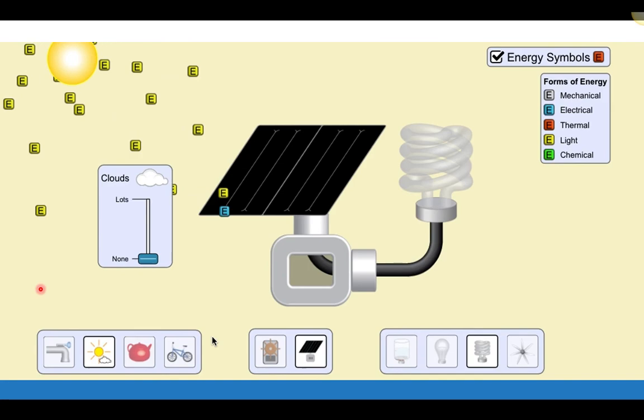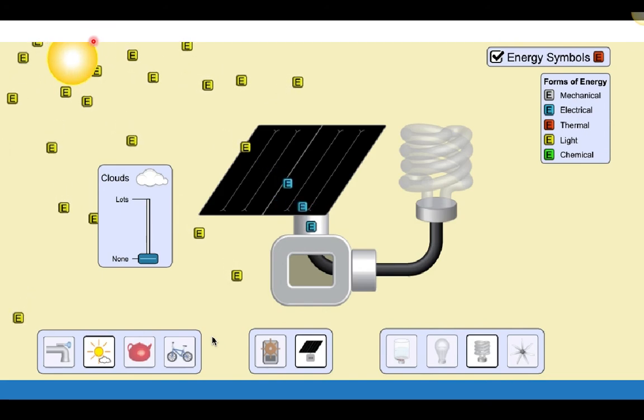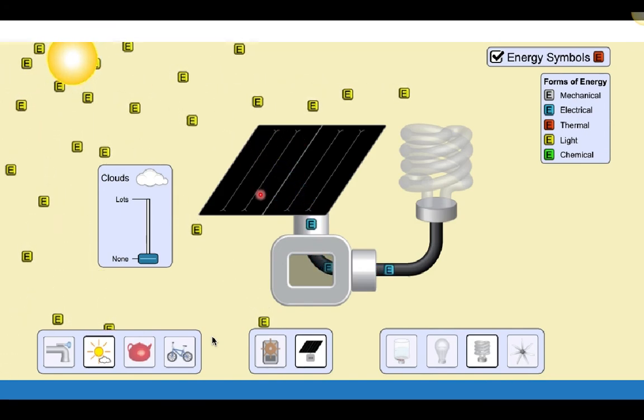Here we have another PhET simulation. It's the same simulation, but you can adjust what types of sources you have for the energy, what you have that's doing the conversion, and the different types of processes that you have afterwards. Let's hit play on this one. I have light energy from the sun hitting a solar panel.